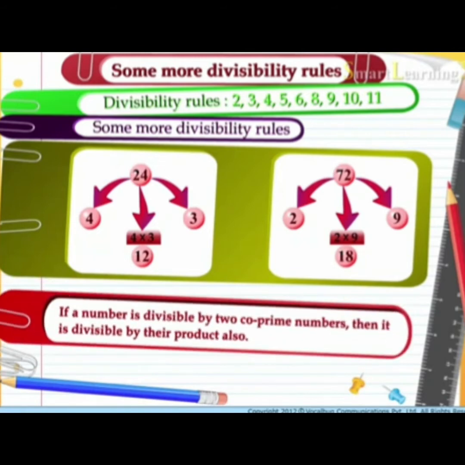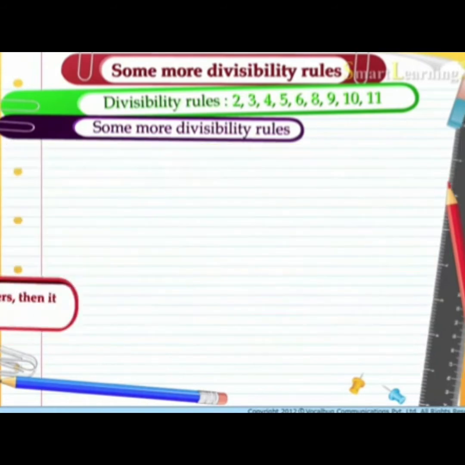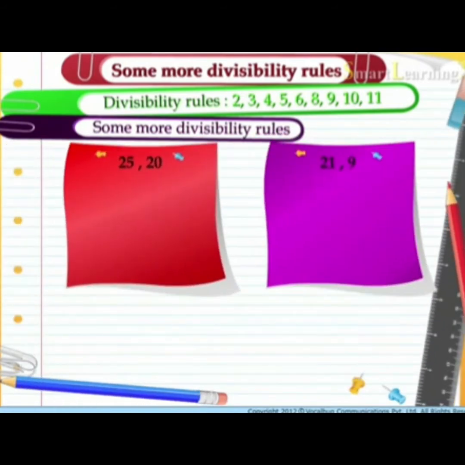From this, we conclude that if a number is divisible by 2 coprime numbers, then it is divisible by their product also.